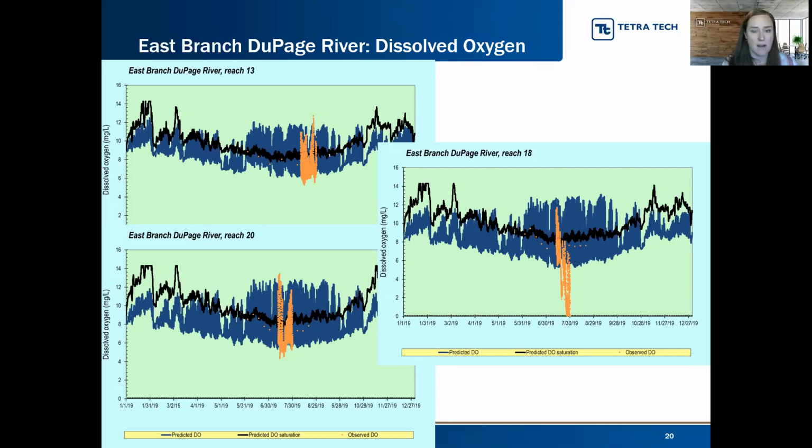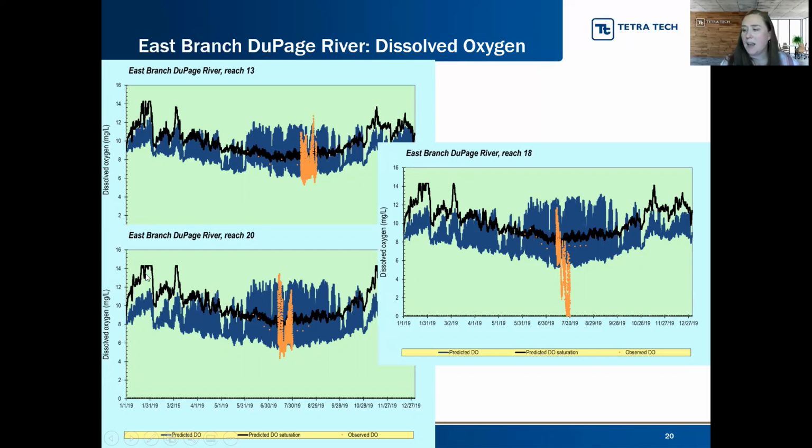And so the next graph is about observed chlorophyll A concentrations. But for the East Branch dissolved oxygen, I'm showing 3 graphics here. These are 3 different locations: reach 13, reach 20, reach 18. The black line here is the dissolved oxygen saturation.